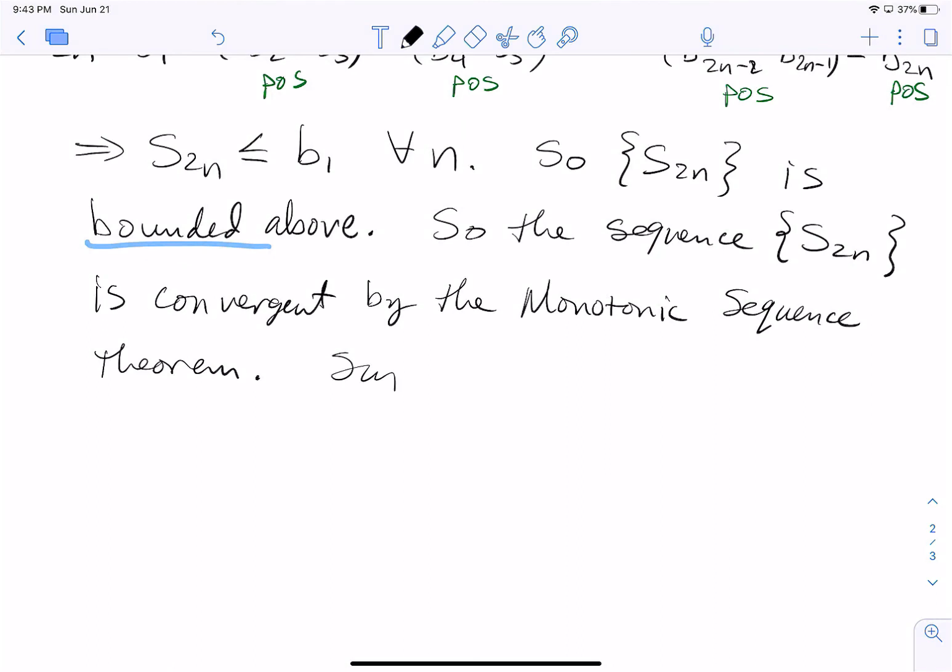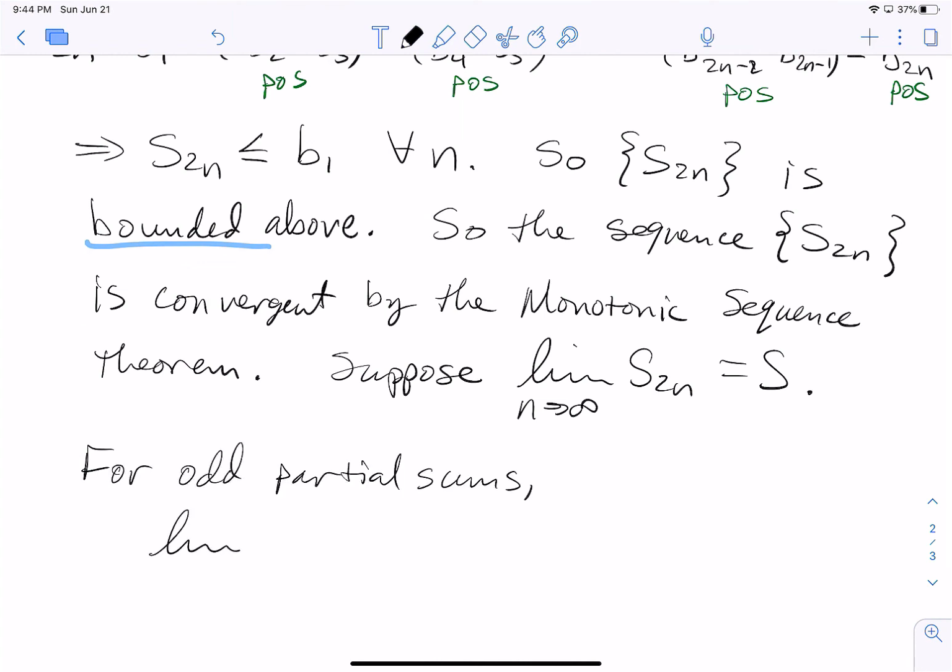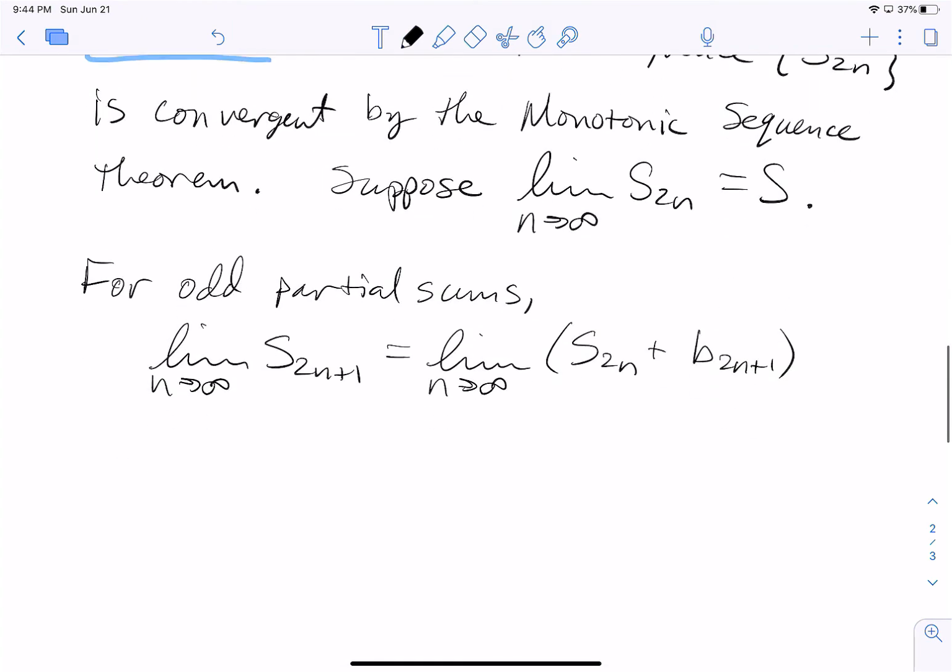Now, suppose that we call the limit as n approaches infinity of s_2n S. If we then turn to the odd partial sums, we can consider the limit as n approaches infinity of s_(2n+1), an odd subscript, which is equal to the limit as n approaches infinity of s_2n plus b_(2n+1). Then here we've got that s_2n is a partial sum, and b_(2n+1) is the next term.